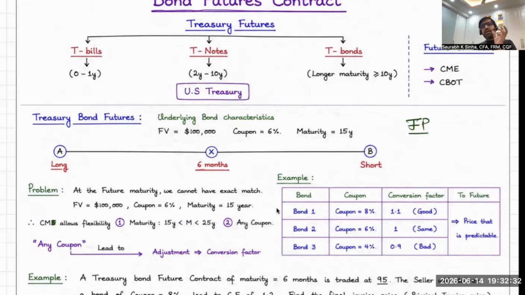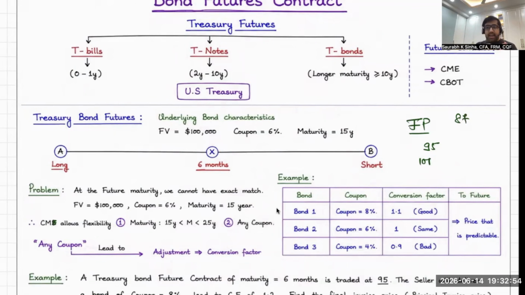Now, the way the future prices are quoted is very specific. They are quoted in percentage. So if it is written 95, it means 95% of $100,000 is the future price. If it is written 101, it is 101% of $100,000, so it is $101,000, or $95,000, or it could be 87%, $87,000.